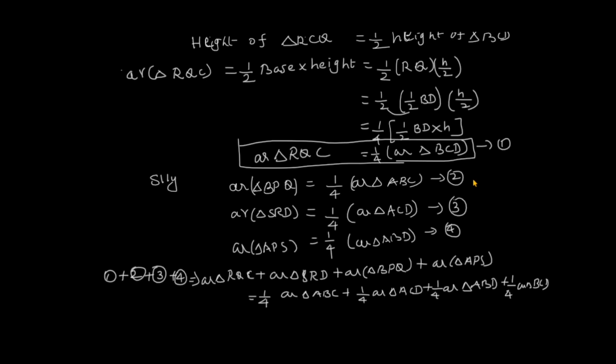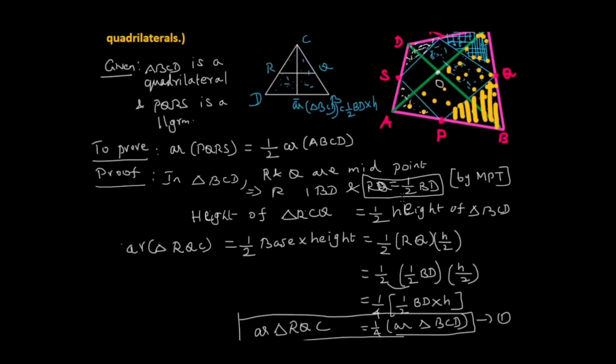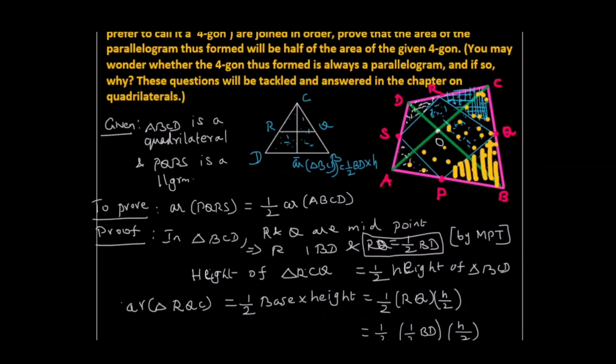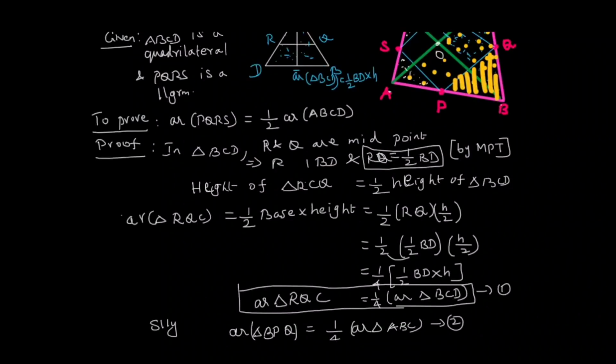Now triangle ABC, look at the diagram, plus ADC, you will be getting a quadrilateral.